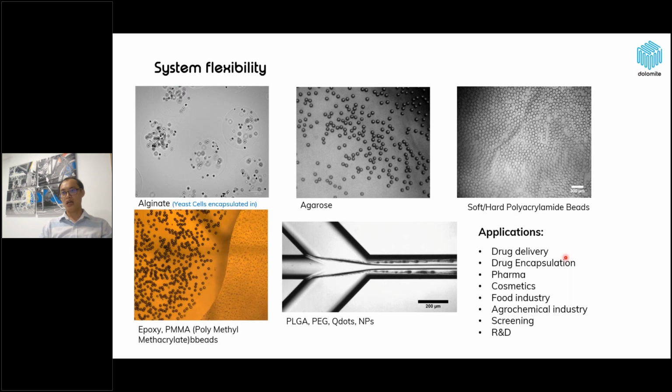For example, we can do alginate, agarose, or other polymeric beads like PLGA or PEG, platinum dots, or even nanoparticles, with minor changes in system setup. For example, we may need to change the chip geometry, chip type, or the flow rate range to adapt to the specific application.